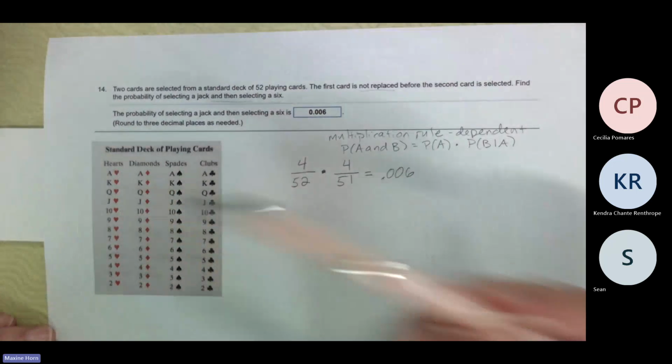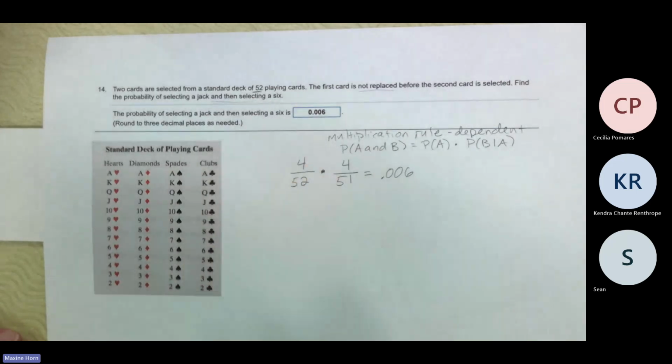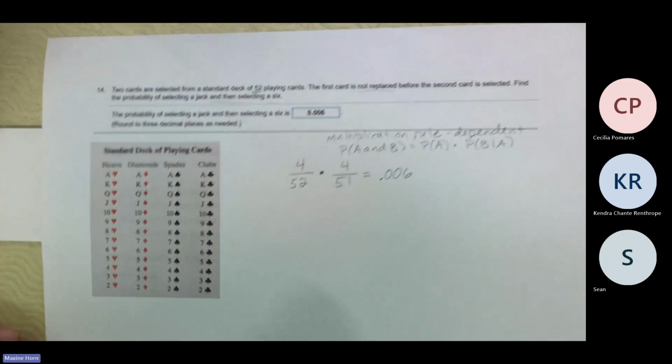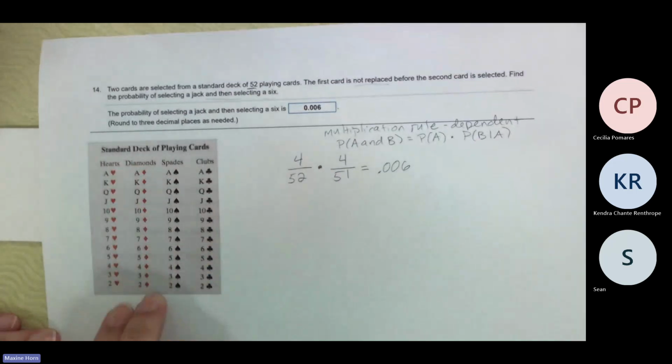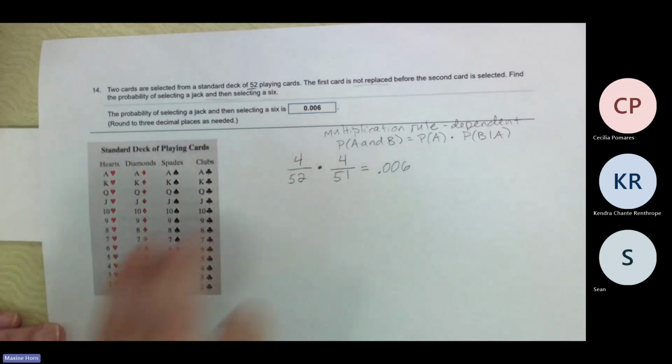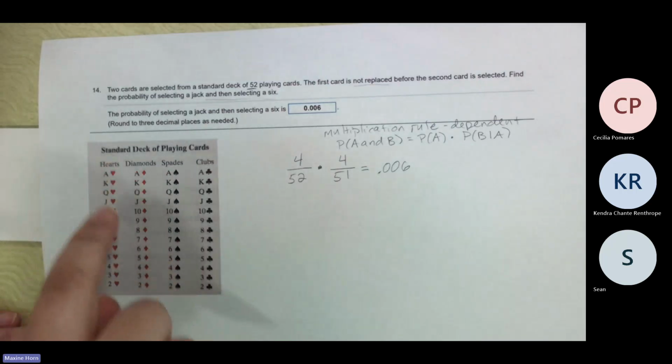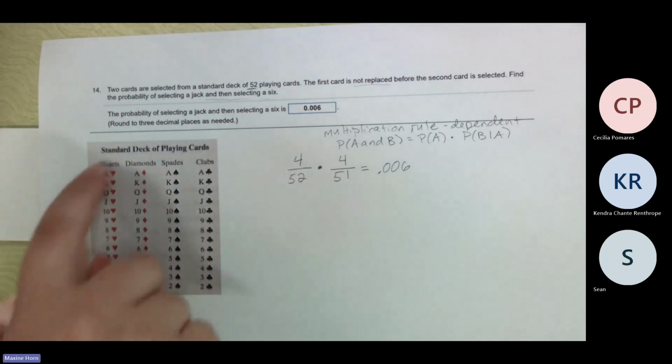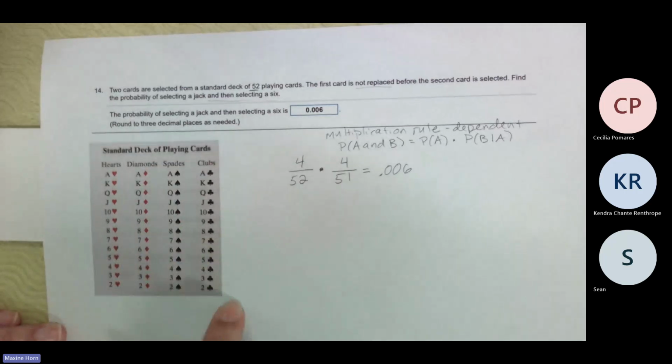So there's 52 cards in a deck. Sometimes they'll remind you that 52 is the number of cards in a deck. Half of the deck is red, half of it is black. There are 2 red suits and there are 2 black suits. And a quarter of the deck is each of the suits.